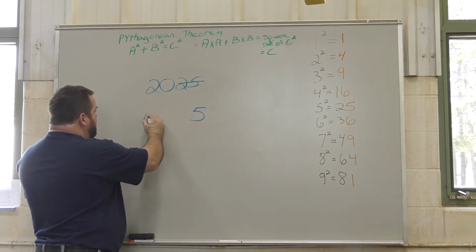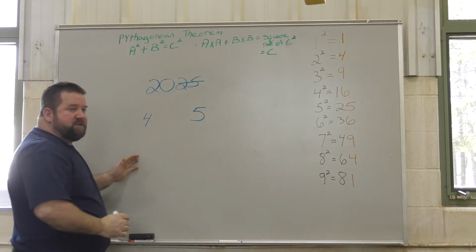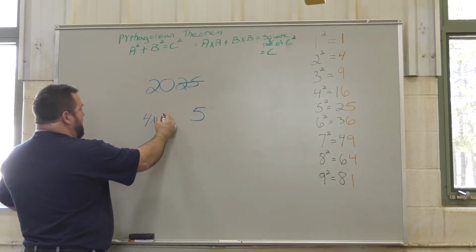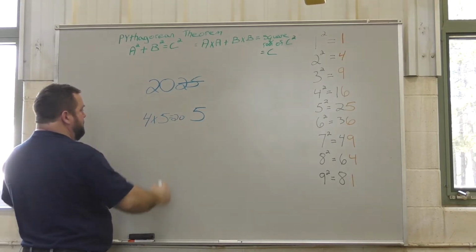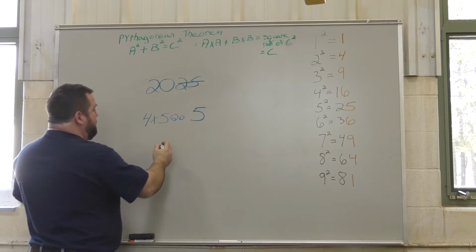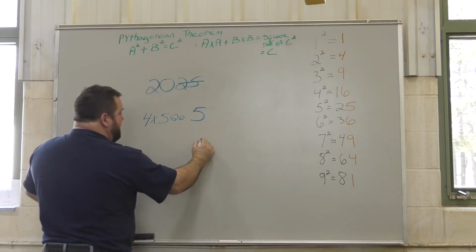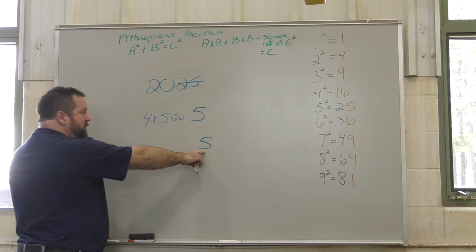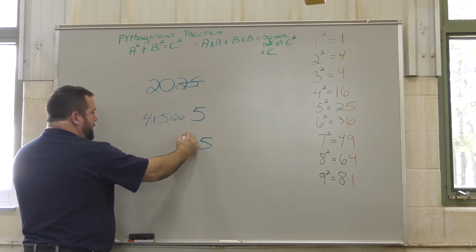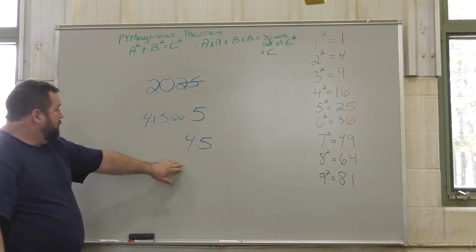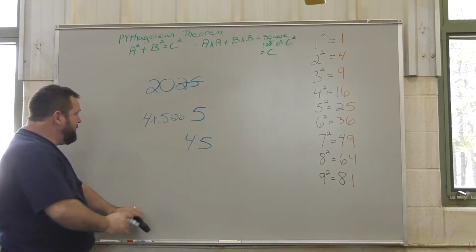So we know that the first number is 4. If we times it by the next number in line, which is 5, that equals 20. Well, we didn't even have to do that, because we knew our very first number was a 5, and we knew this number was a 4. So 45. That one was really simple.